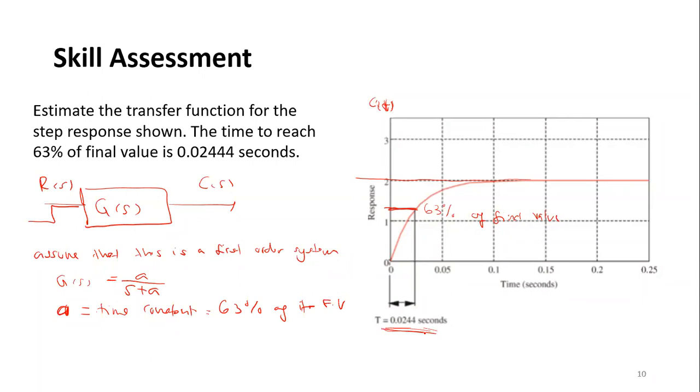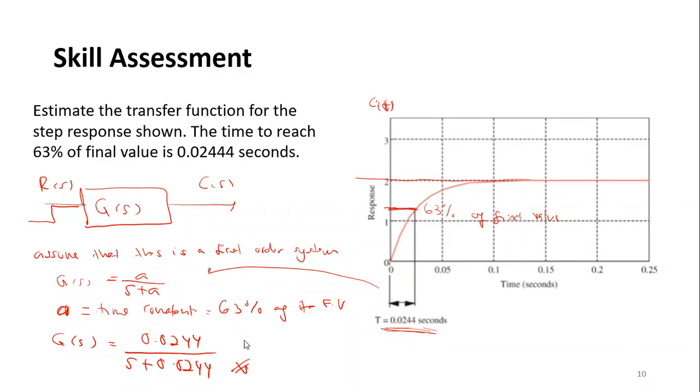So you just substitute it in here. So G(S) equals 0.0244 over S plus 0.0244. Then you get the transfer function. Okay? So that's a simple example of a first order system.